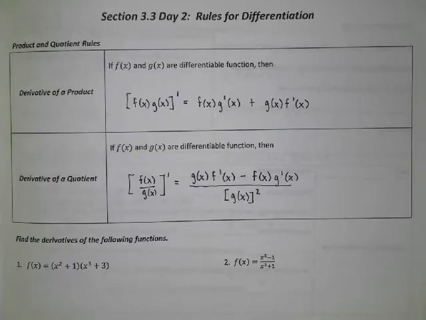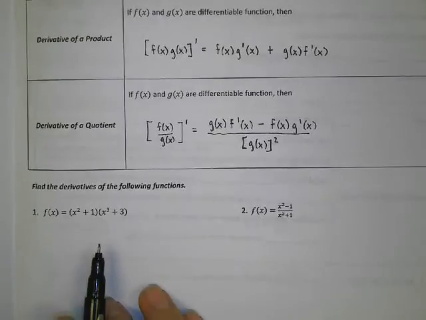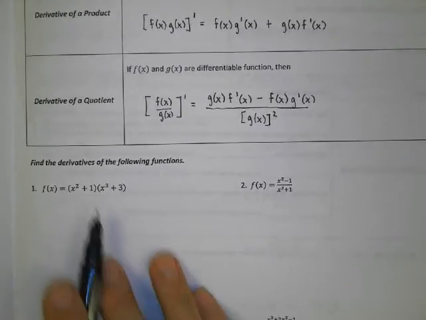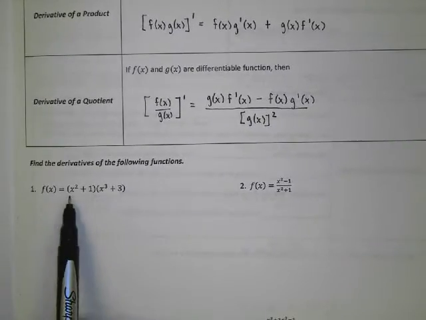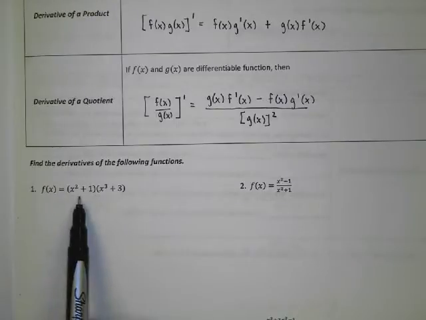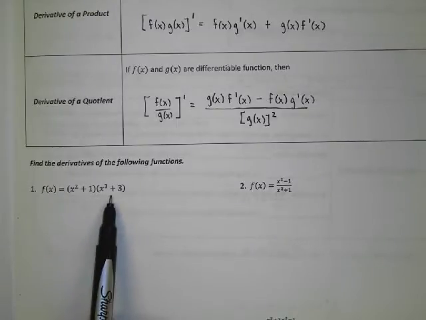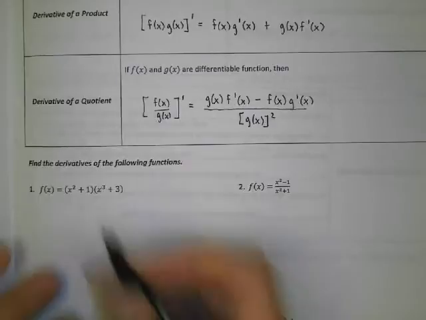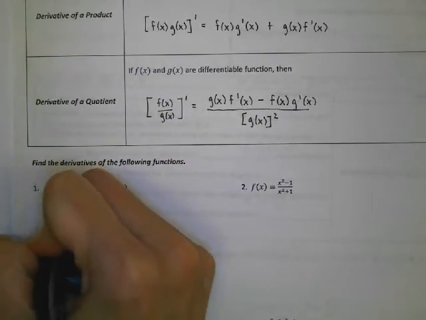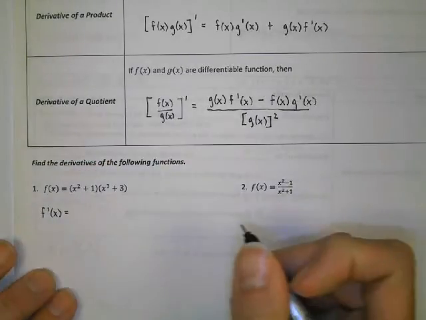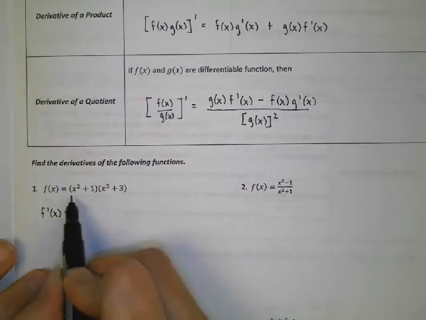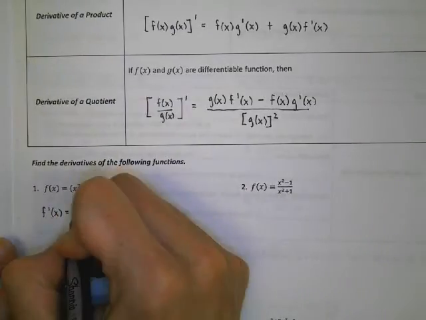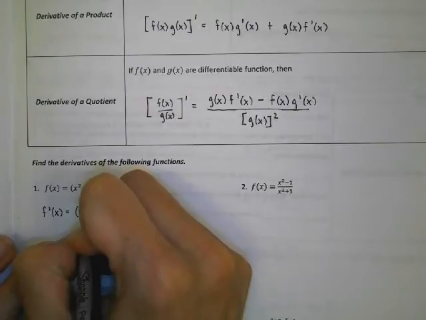For number one, we're going to find the derivative of this product. I have one function, x squared plus 1, and my second function is x cubed plus 3. We're going to use our product rule. That rule told us to take our first function and keep it the same: x squared plus 1.